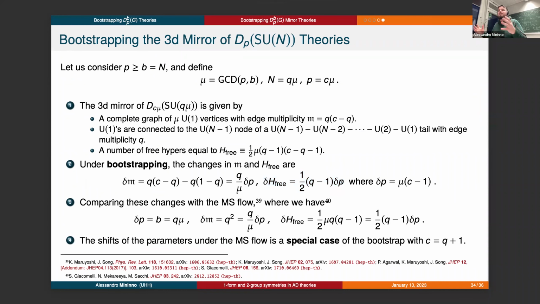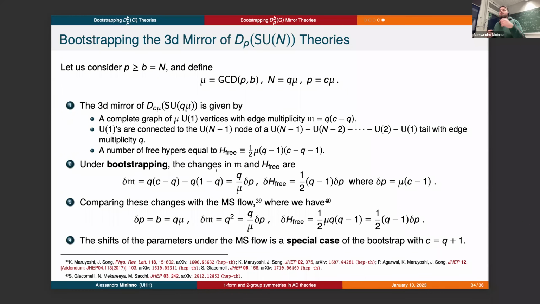And so the number of free hypers in the 3D theory increases. And then, of course, if you look at the Lagrangian theory, you will have a longer tail, so you will have an increase in the kind of matter that you can have.